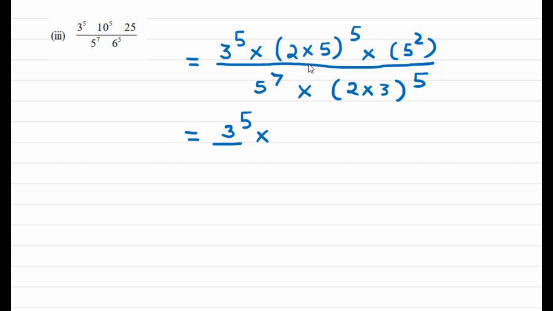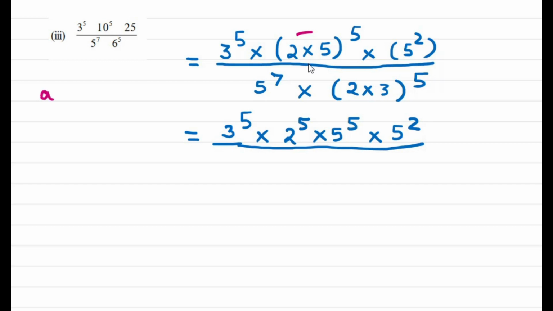So here now this 2 into 5 to the power 5 can be written as 2 to the power 5 into 5 to the power 5, and this 5 squared was here. So which law have we applied in this particular step? We have applied the law (a into b) to the power m is equal to a to the power m into b to the power m.